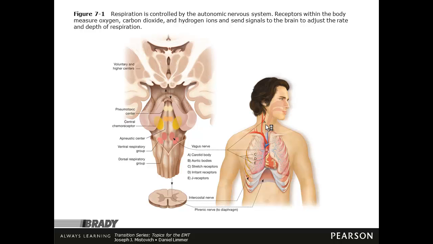The peripheral chemoreceptors include the carotid bodies here in the carotid artery, the aortic bodies in the aortic arch, and the stretch, irritant, and J receptors within the tissue of the lung.